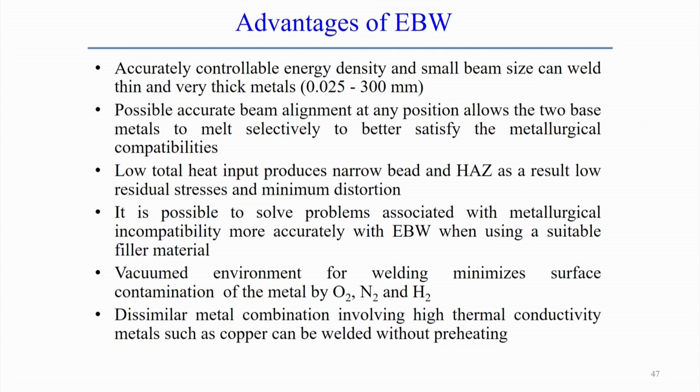In electron beam welding, more controlled energy density can be produced, and a very small beam size can weld very thick material. So, there is a wide controllable electron beam energy range, from very thin to very thick material.